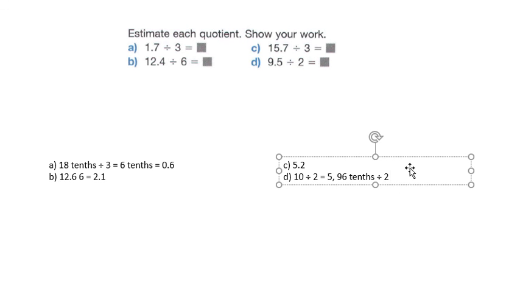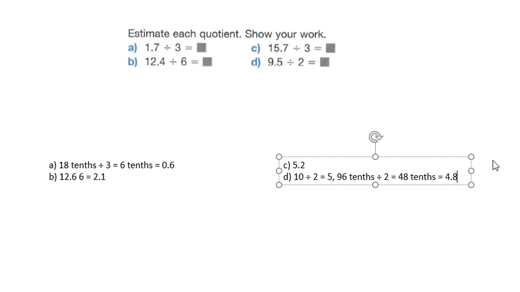So this would end up being 48 tenths. In other words, if I take 48 tenths, I could take 40 of those tenths and make a 4. I could take 8 of those tenths and make a 0.8.